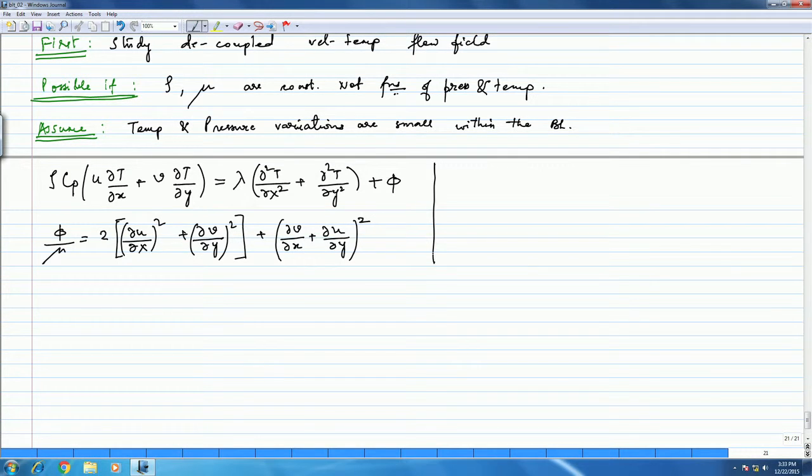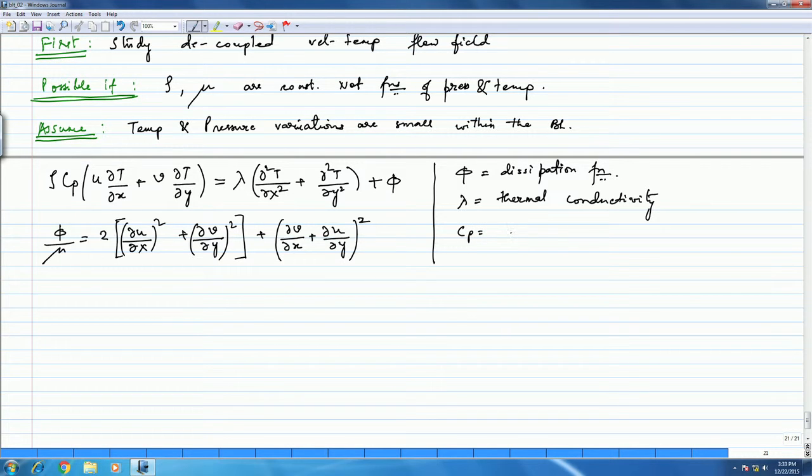Here, phi is the dissipation function, okay? Lambda is thermal conductivity, okay?